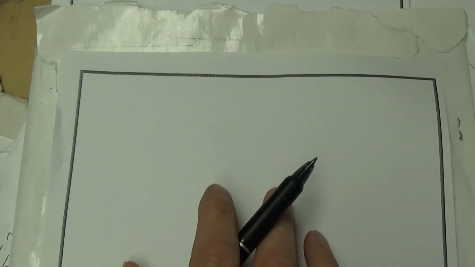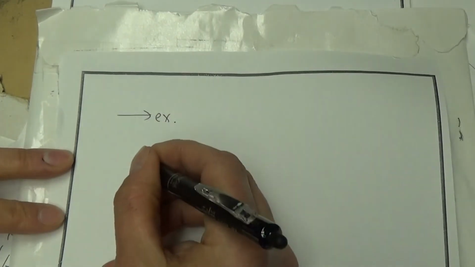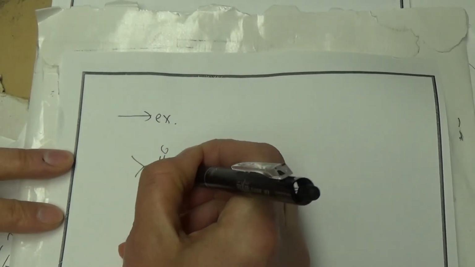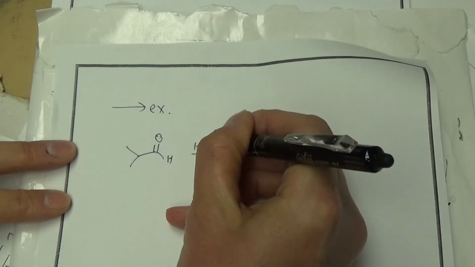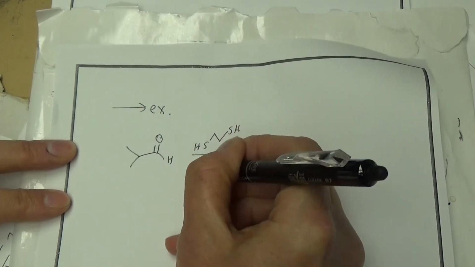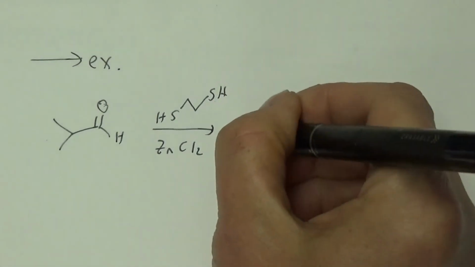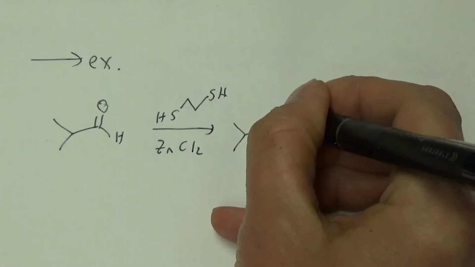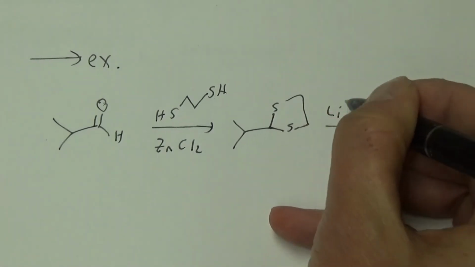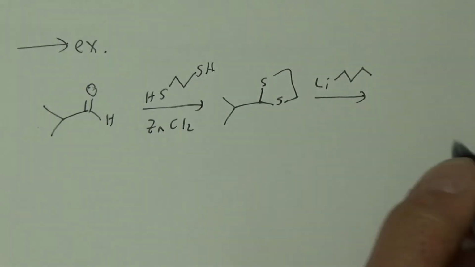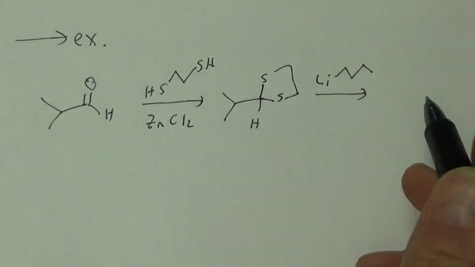Okay, so let's actually show a more real example now. Let's make another thioacetal. We'll use this simple aldehyde. Zinc chloride will make the thioacetal. Then we treat it with butyl lithium. Rips off the proton, this moderately acidic CH.